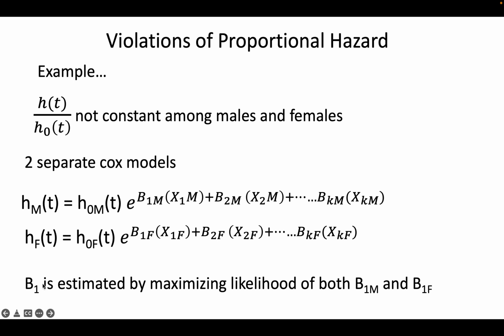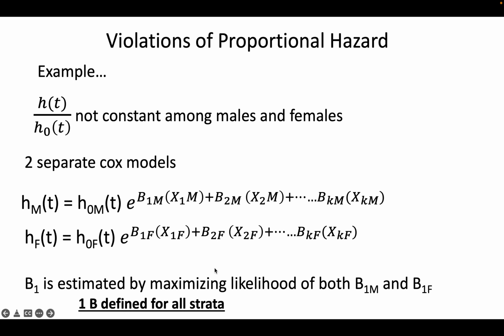And this beta 1 estimate through the maximum likelihood process takes into account, now it's not just looking for a beta value that makes the most sense given the data on males. It's trying to find one value that best explains the differences, accounting for the data on both males and females, which is not typical when we use the word stratified.